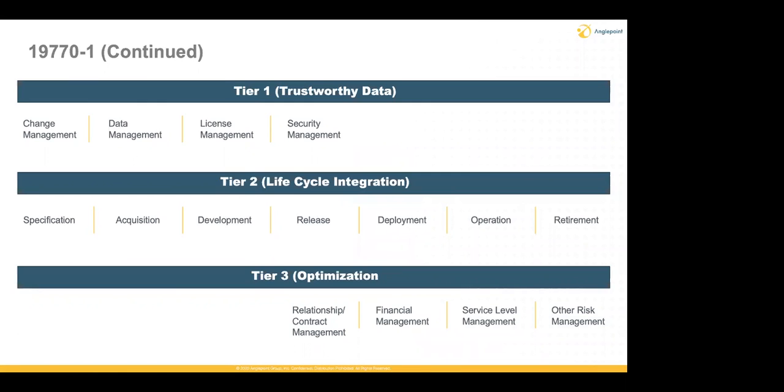And Tier 3 is then made up of the remaining 4 functional management processes, and achieving them means you have achieved optimization. As you can see, this group includes a catch-all process for other risk management that could be tailored to each organization.